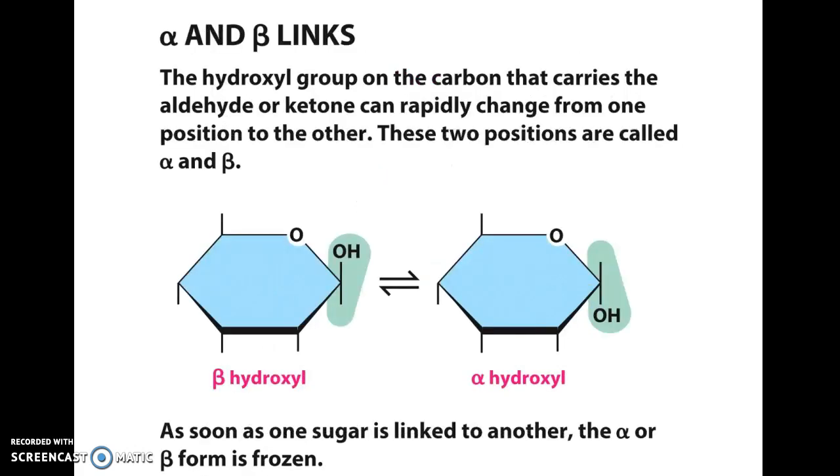They can be linked up to each other, either alpha or beta. If they are linked up alpha, we can use them as a food source. Think glycogen or starch. If they're hooked up beta, you cannot digest them.